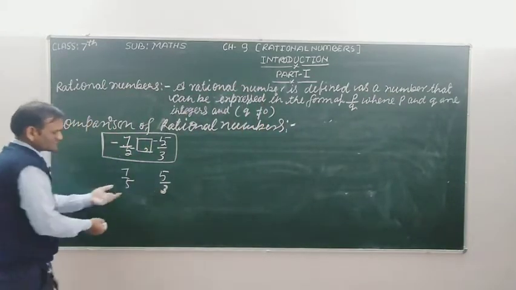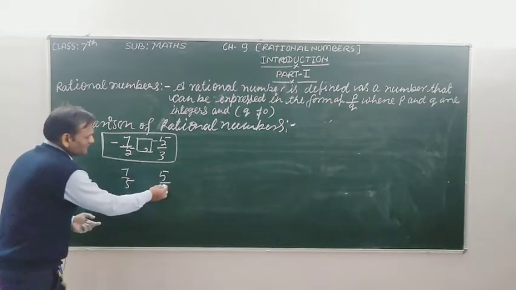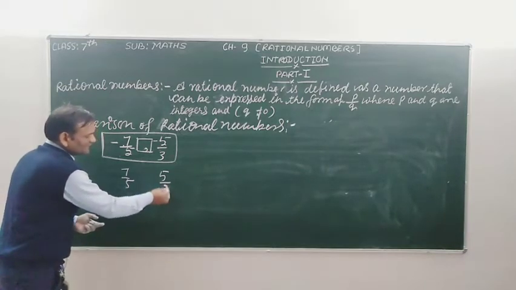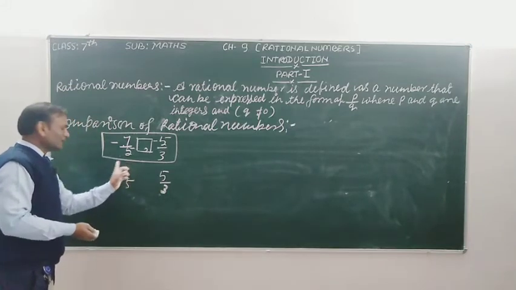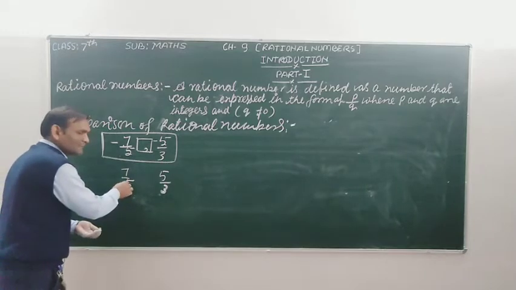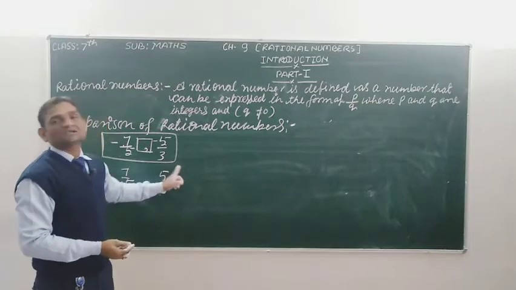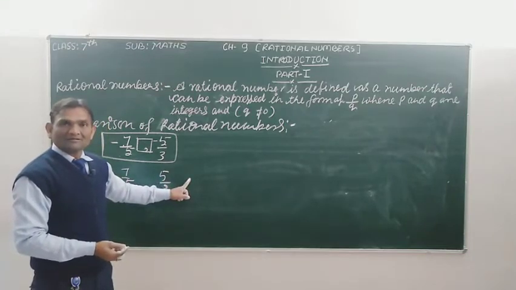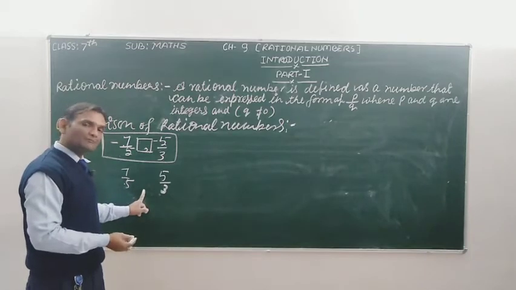So student, firstly make the denominator the same. Multiply the denominator of the second fraction in the numerator and denominator of the first fraction, and by the denominator of the first fraction multiply in the numerator and denominator of the second fraction. Then you will get the equal denominator of both fractions.